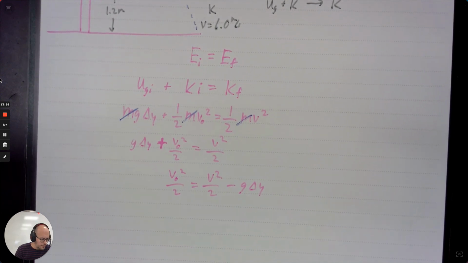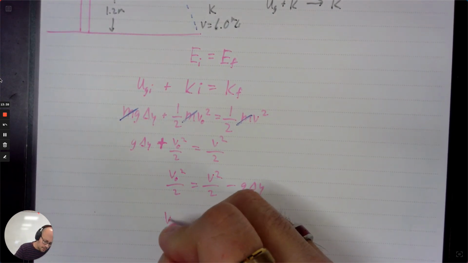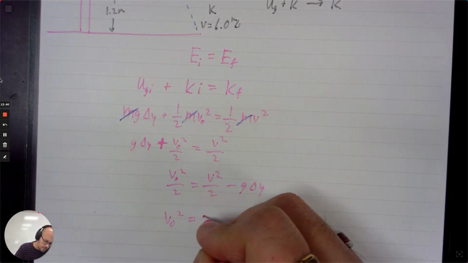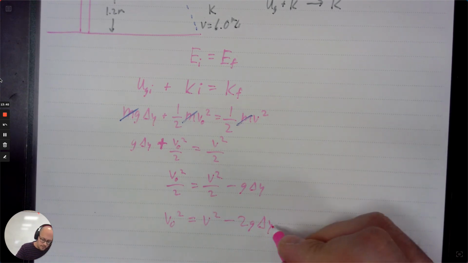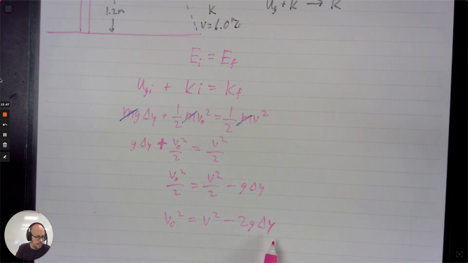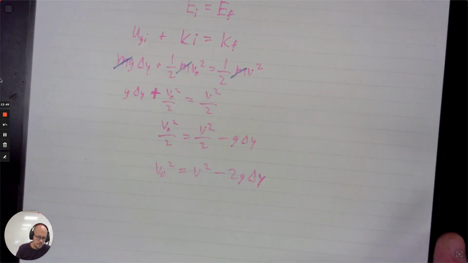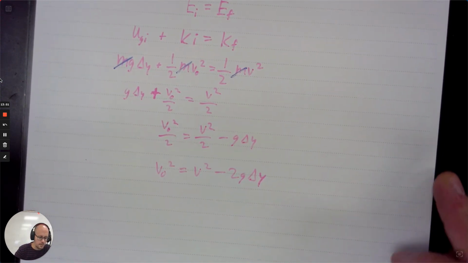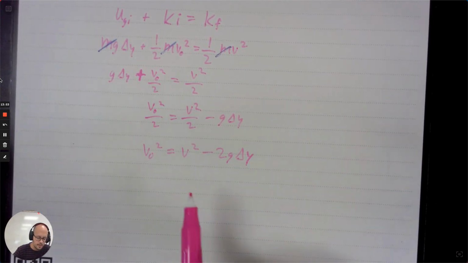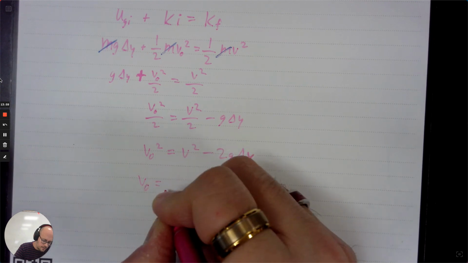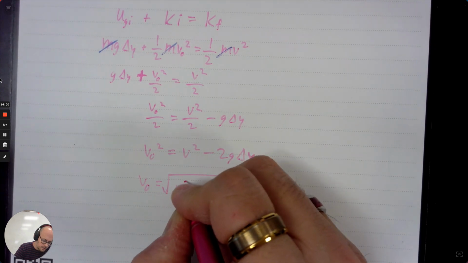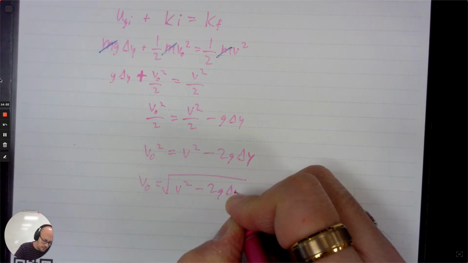If I multiply both sides by 2, I get v naught squared equals v squared minus 2g delta y. This should look so much like a kinematics equation. It's a little bit rearranged, but it really should look like a kinematics equation to you right now, because it is. And then I'll take the square root of everything, and that will be my answer: v naught equals the square root of v squared minus 2g delta y.